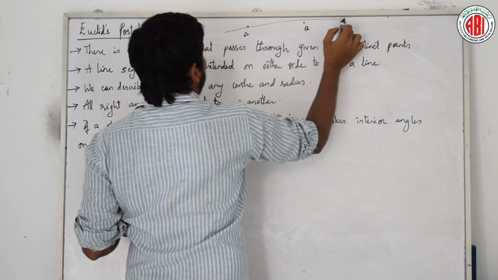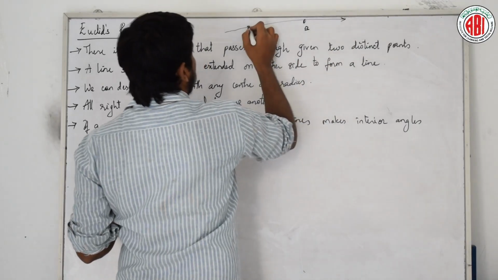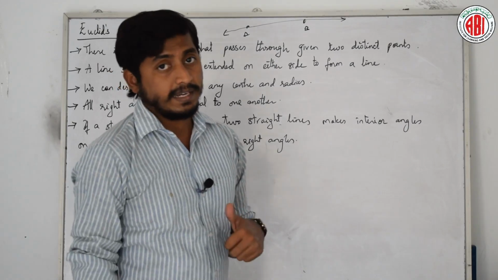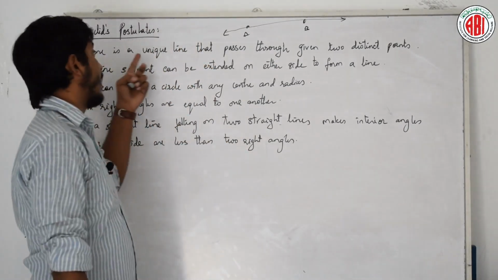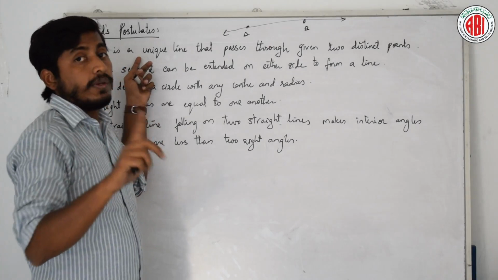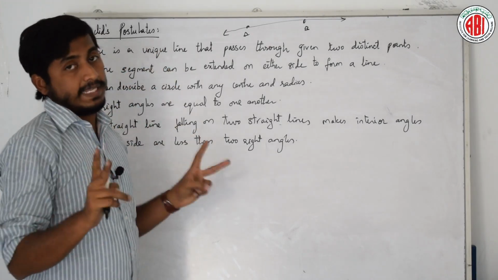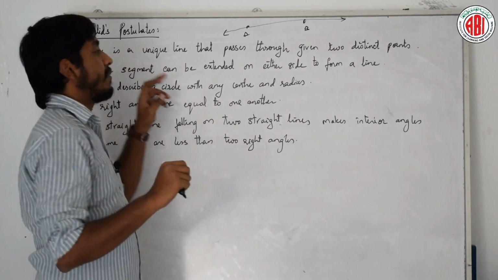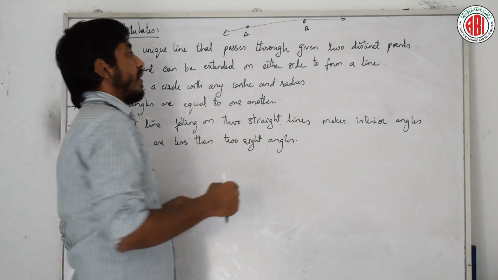Maximum I can draw only one line that can be passed through given 2 points. Yes or no? Is it right? What's the first statement? There is only a unique line that can pass through two distinct points. Is it clear?